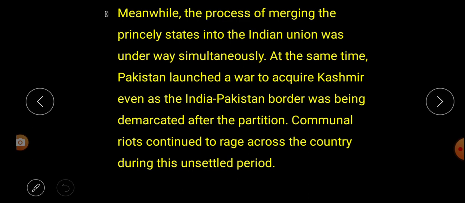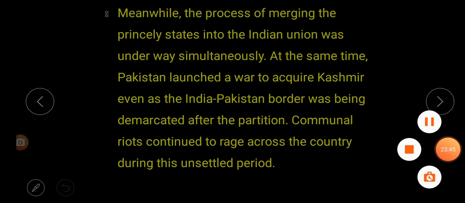During that time there was also a process of princely states joining India. At the same time Pakistan launched a war to capture Kashmir, though the India-Pakistan border was already demarcated in the partition. Communal riots continued to rise across the country during this unsettled period.